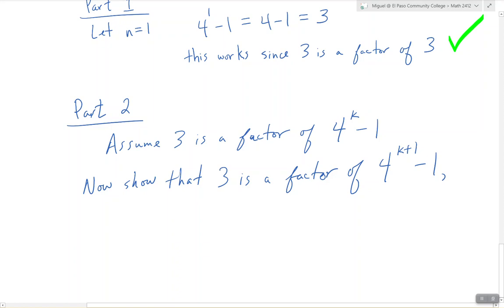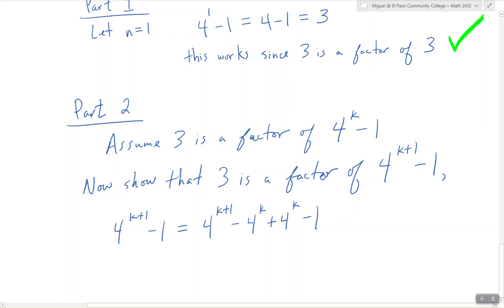So the trick they use for this one is they take our expression, 4 to the k plus 1 minus 1, which is equal to 4 to the k plus 1. And then we're going to subtract 4 to the k and then add 4 to the k in the middle.